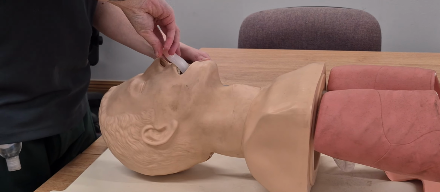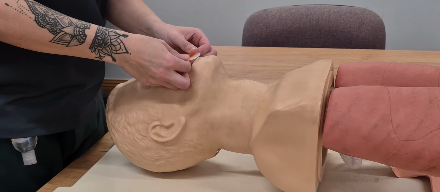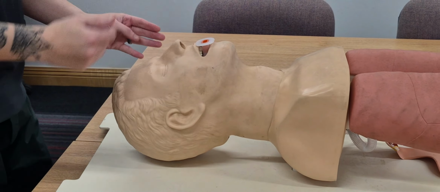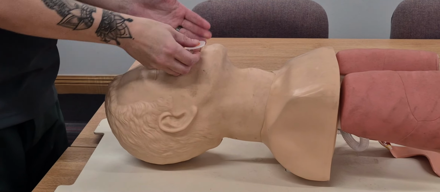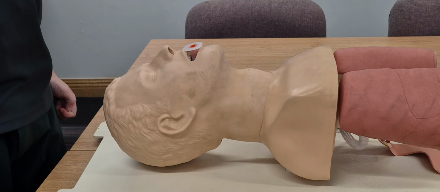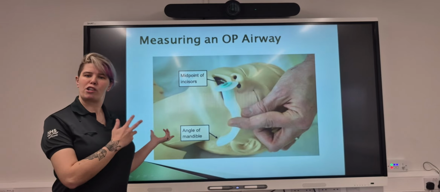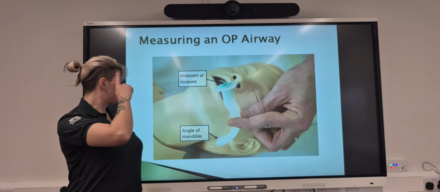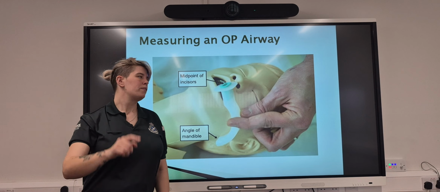So invert, insert, rotate, and place. And again, because I've done something to the airway, I'm going to reassess to make sure that that airway adjunct has been a success. Quick reminder again, guys, for measuring your OP, you're looking for the midpoint of the incisors to the angle of the jaw.